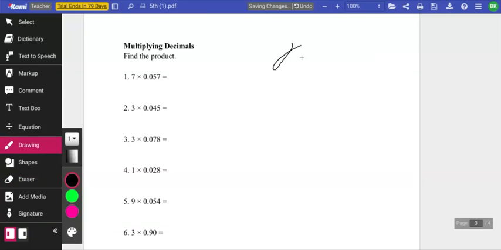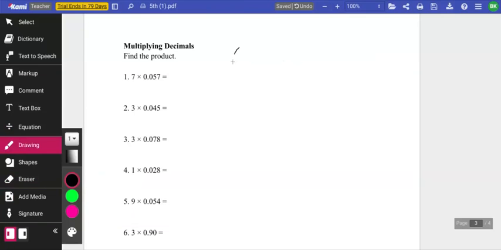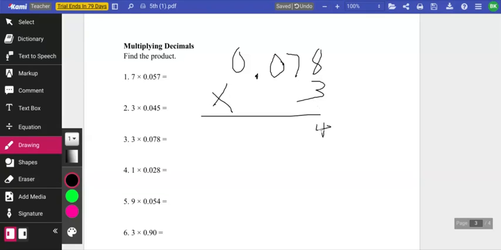Number 3, we have 0.078 times 3. 3 times 8 is 24. 3 times 7 is 21 plus 2 equals 23. Bring the 1 in, and with 3 decimal places, we have 0.234.